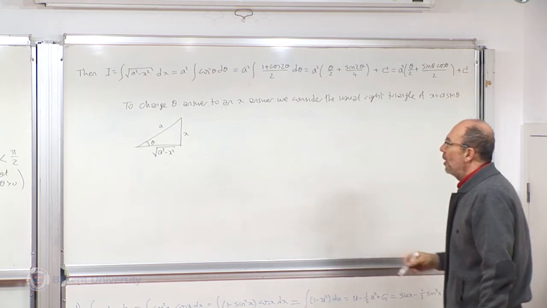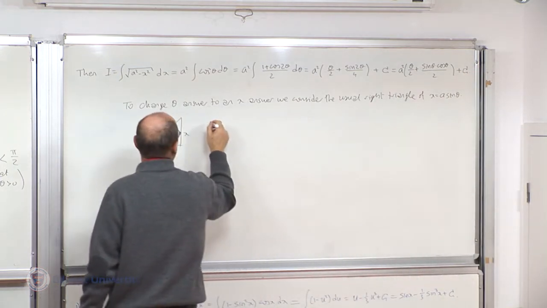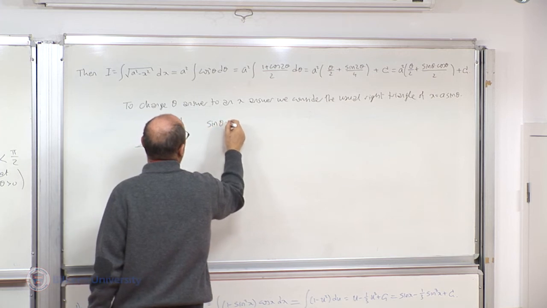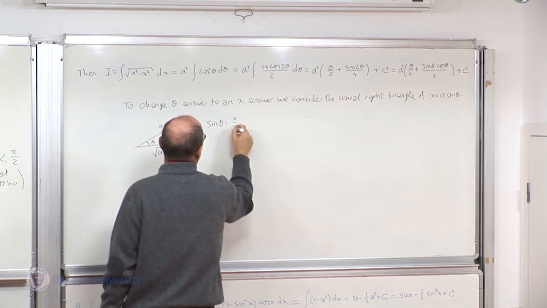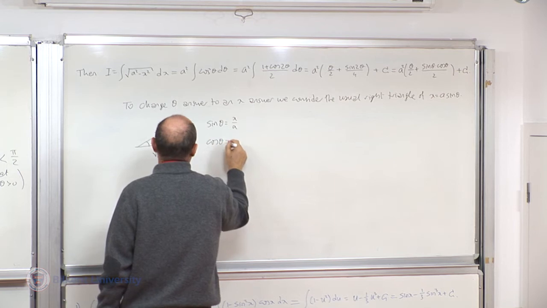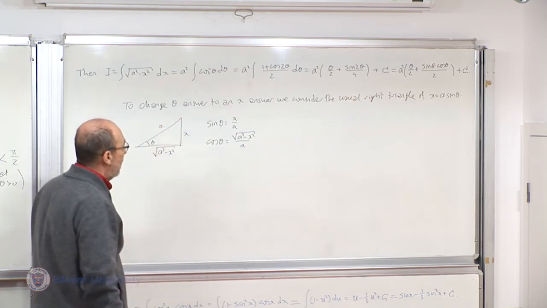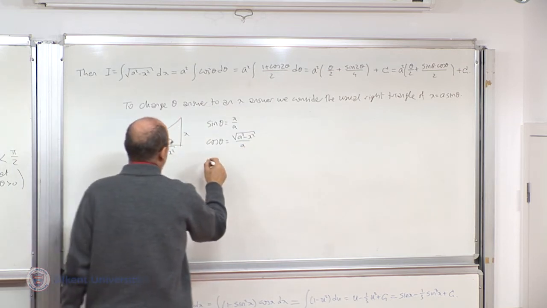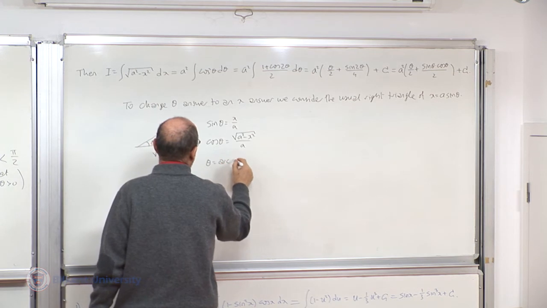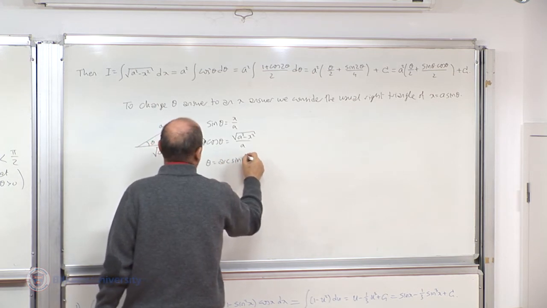Here I know what sine theta is. Sine theta is equal to x over a. Cosine theta is square root of a square minus x square over a. And I need theta, so theta is arc sine x over a.